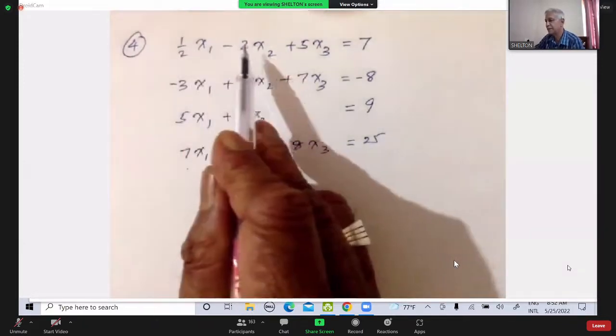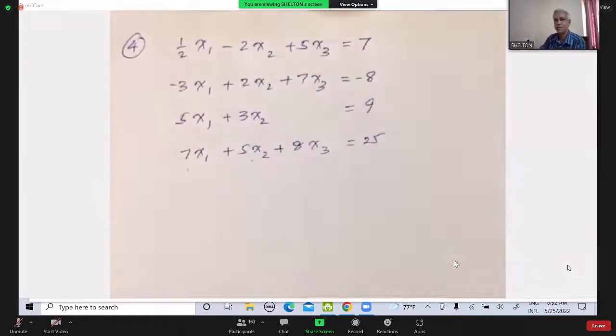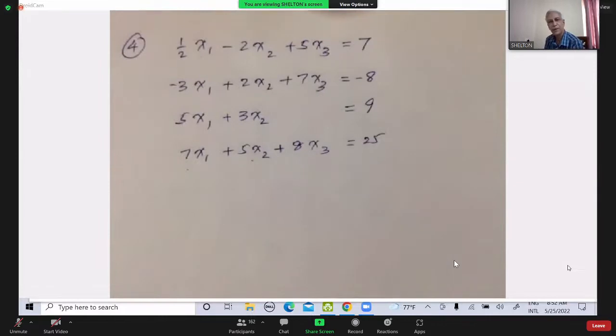Constant times a variable, constant times a variable, plus, minus. Same. So is it a system of linear equations?